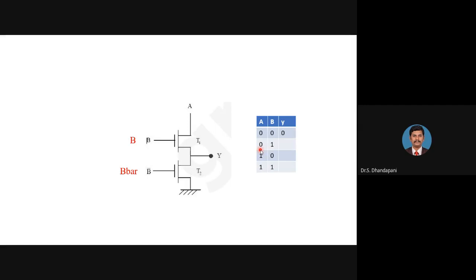When A equal to 0, B equal to 1, please tell me what is the value of Y. First combination I have given the answer, 0, 0. When both are 0, here I have 0, here I have 1. This NMOS is on, so this ground is connected to Y, so output Y is 0. For 0, 1, what is the value of Y?